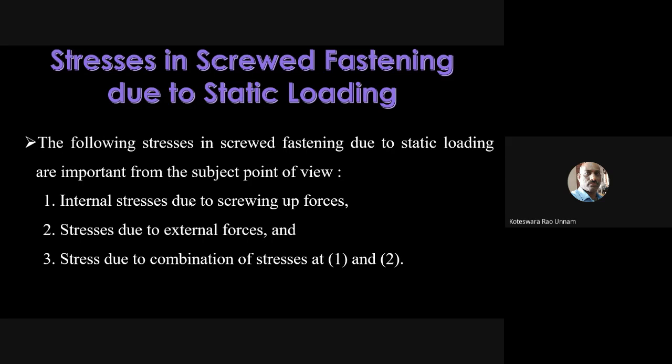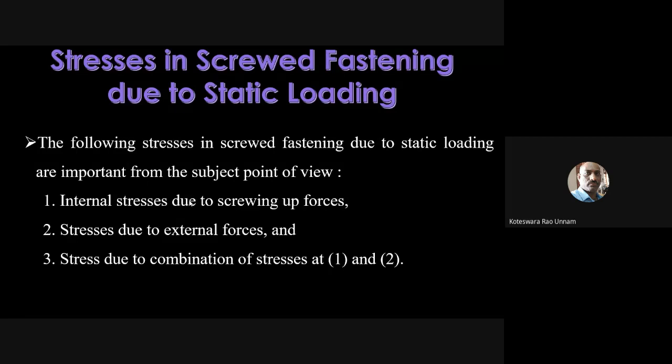The first category is when the joint is subjected to only initial tightening. Those stresses we treat as internal stresses, and in the next slide we'll see what those internal stresses are and how we can calculate their magnitude. The next one is stress due to external forces.